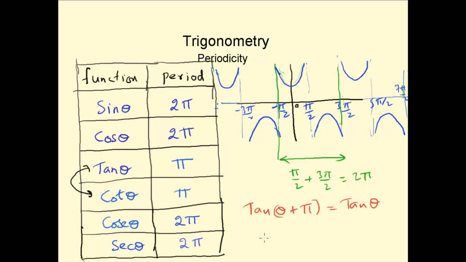And similarly, you can write secant of theta plus 2 pi equal to secant theta. So therefore 2 pi is the period for secant theta and pi is the period for tan theta. Similarly, you can write cos of theta plus 2 pi is cos theta, and sin of theta plus 2 pi is sin theta. Similarly, cosecant of theta plus 2 pi is cosecant theta.